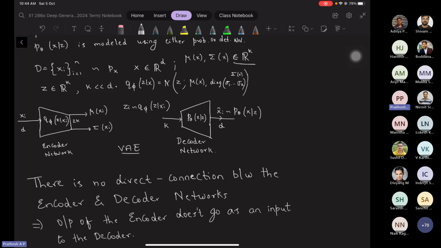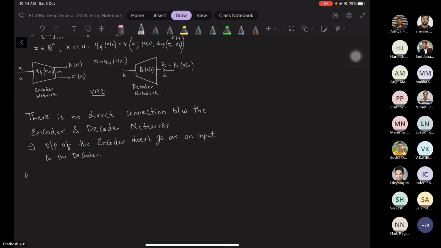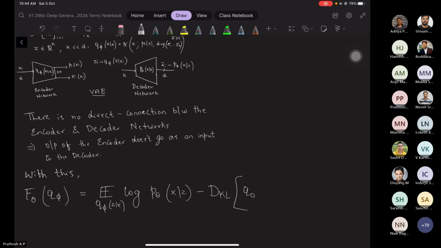Okay, so is the setup clear to all of you? Now the ELBO will become a function of theta and phi, which is given by the expectation of log of p theta of x given z, with respect to q phi of z given x, minus the KL divergence between q phi of z given x and p theta of z.